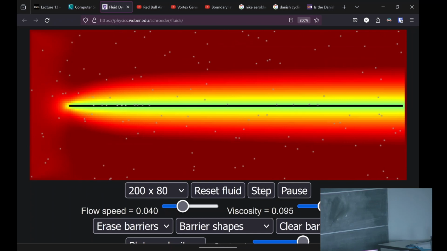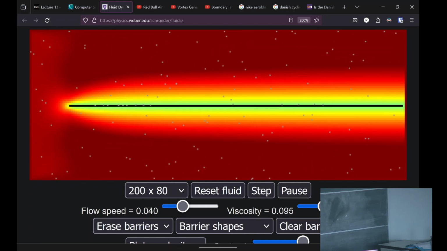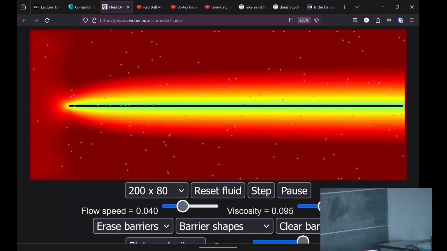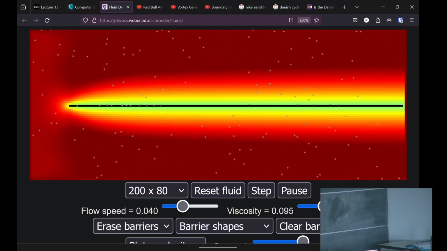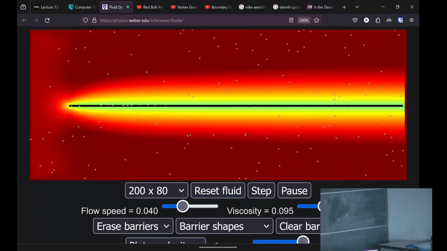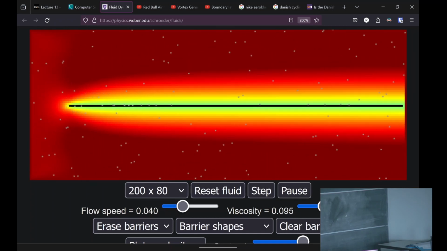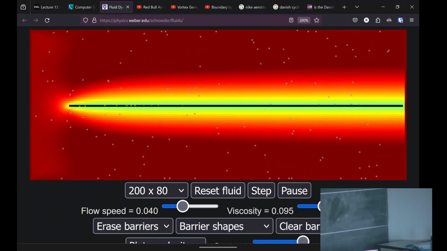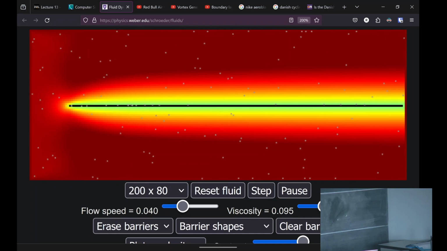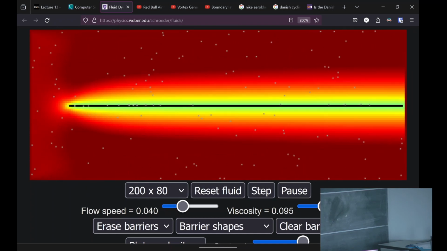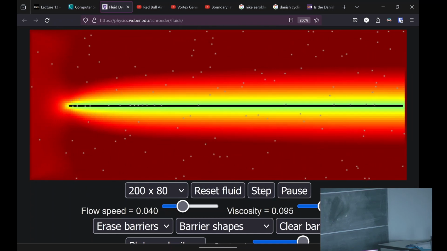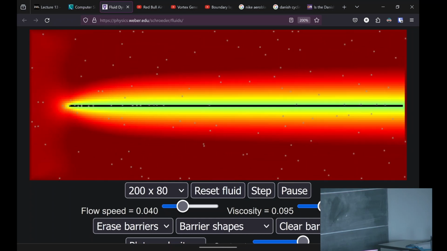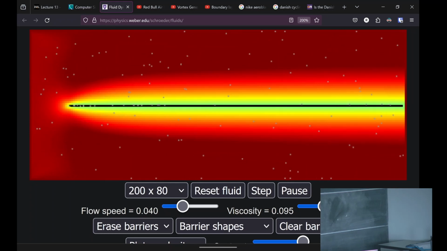But say you drag something through water, and you say, okay, the water is going to stick to the surface, and you take it out of the water, the stuff on the surface is so small that surface tension forces will cause it to roll off. Different interactions will happen. So that no slip condition is a real condition that happens. For example, if you're on an airplane and it's raining outside, even though the plane is flying at hundreds of kilometers an hour, if you see the raindrops, they move super slowly along the window. But the ratio of the velocity that they're moving across the window to the plane speed is very high.